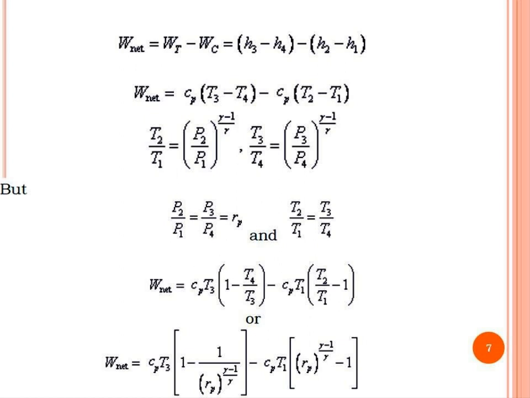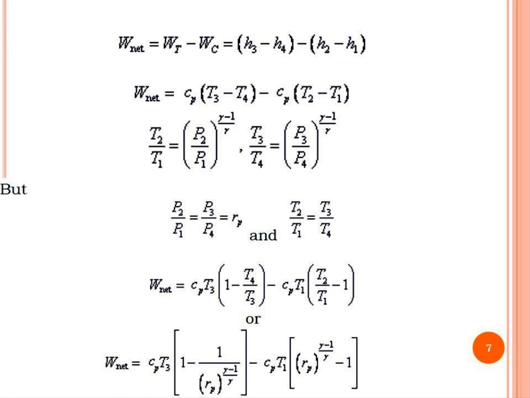Or you can write that it is equal to Cp into (T3 minus T4) minus Cp into (T2 minus T1), where we are assuming that the mass of air is equal to the mass of gas. Based on that we can find that T2 by T1 is equal to the pressure ratio raised to (gamma minus 1) upon gamma, and T3 by T4 is equal to P3 by P4 raised to (gamma minus 1) upon gamma.